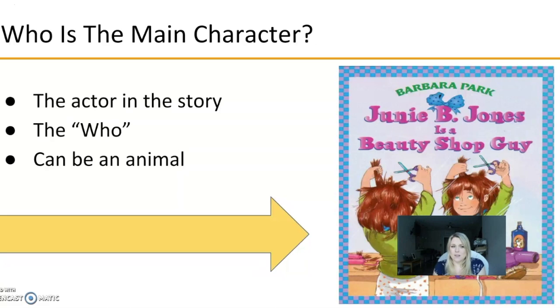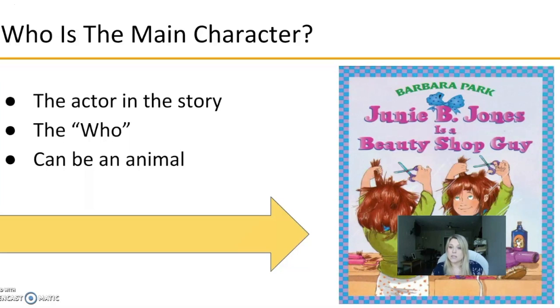So who can be the main character? So a lot of times you'll see your main character is a human. But a lot of times you'll also see that this main character is an animal or an object. So don't be surprised if you see that in a story. That could still be your main character. So Junie B. Jones is a great example of this.